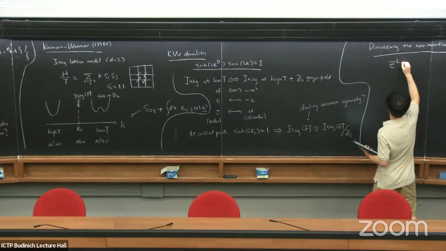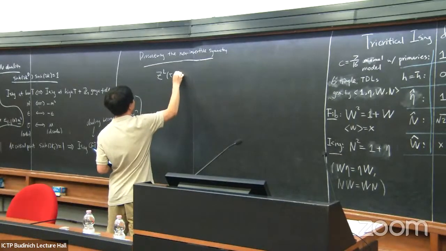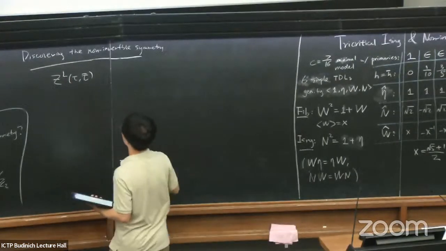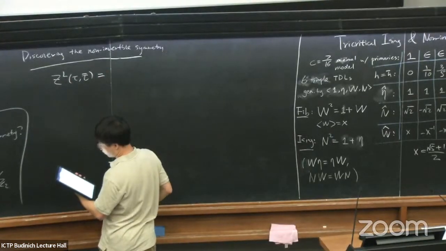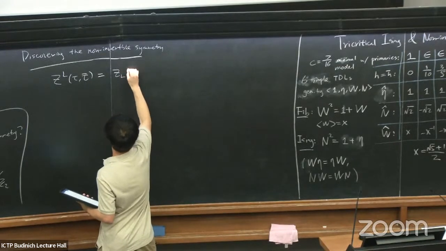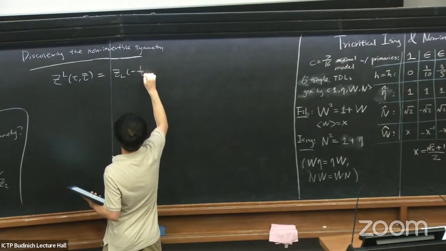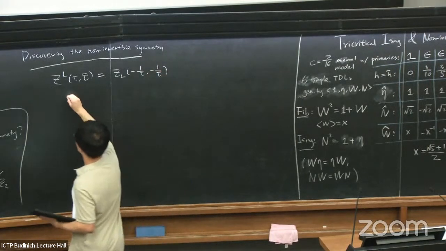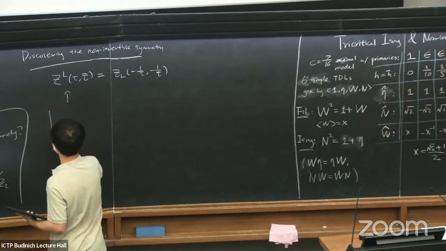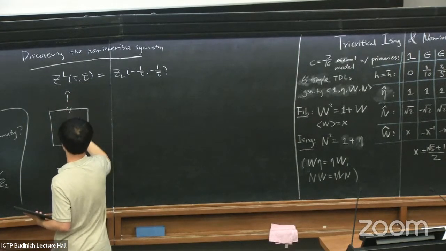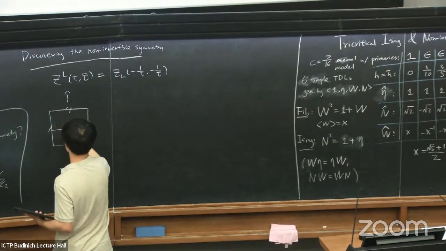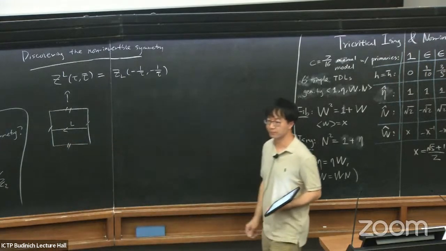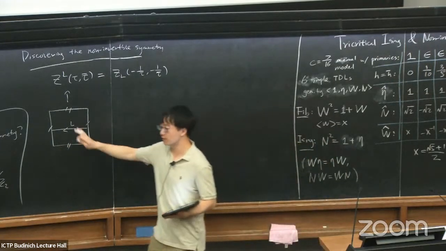There are two different perspectives you can adopt to view the torus partition function twisted by insertion of some putative topological defect line. So this is again the object we were considering, simply the torus partition function of this CFT twisted by this topological line.